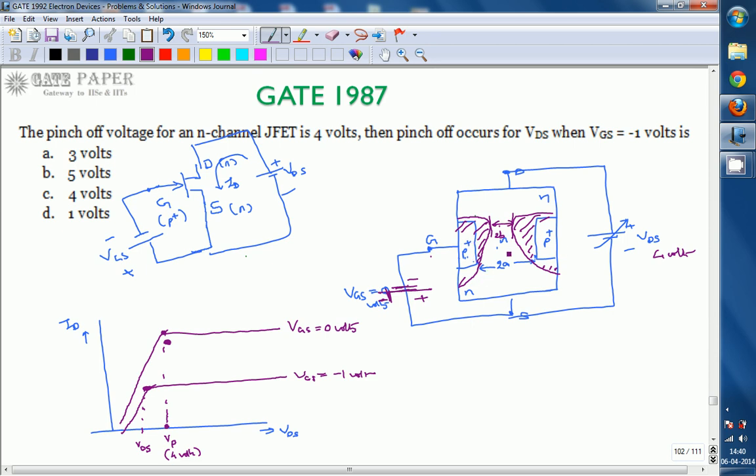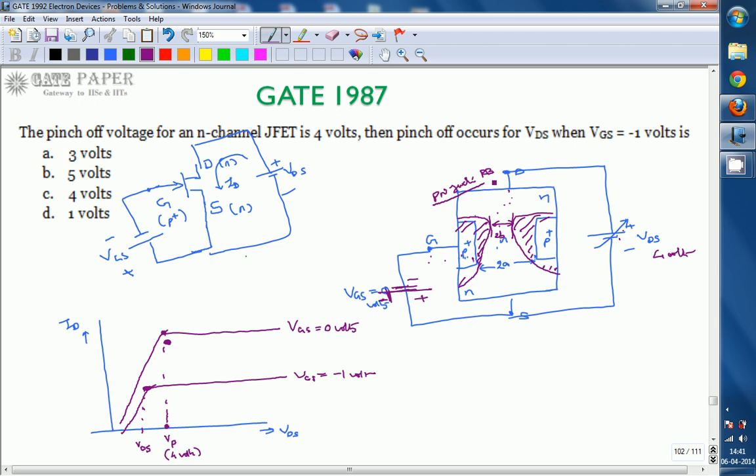Now this 4 volts is going to make a reverse bias for the gate drain junction. If you look at gate and drain, the gate is P plus and the drain is N side. Since you are applying more positive voltage to the drain, the N side is more positive than the P side, so the gate drain junction simply looks like a PN junction under reverse bias.